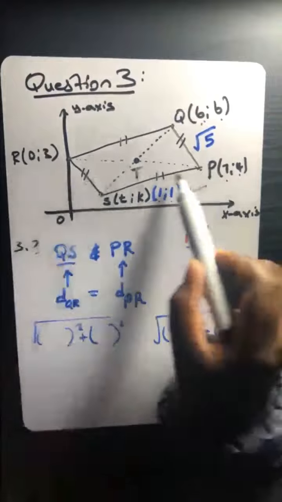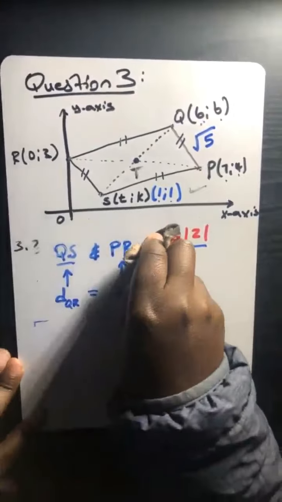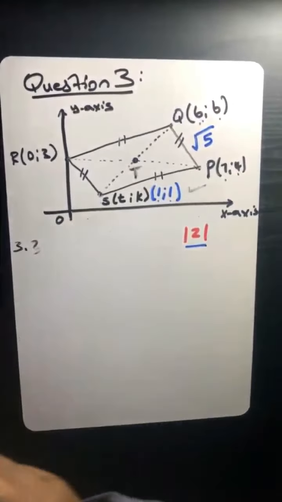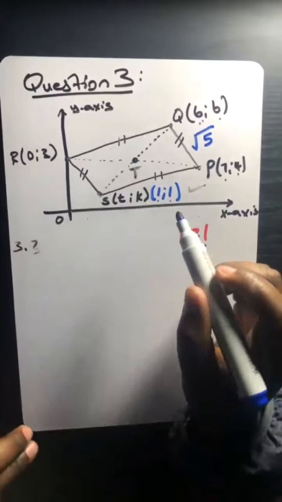Therefore, that length and that length are equal. I'm not sure if it makes sense, but guys, if you've got a calculator or you are also writing as I'm writing, let's quickly do as Lerato has suggested.